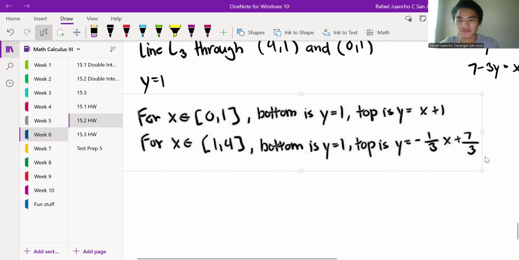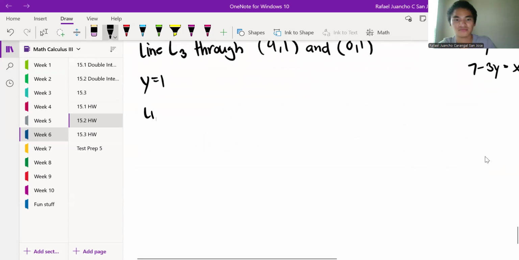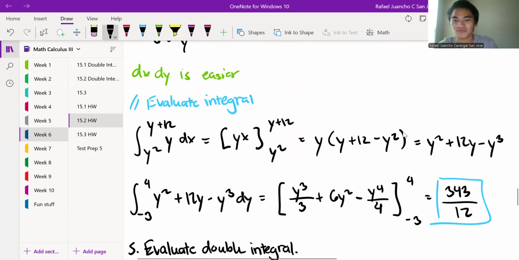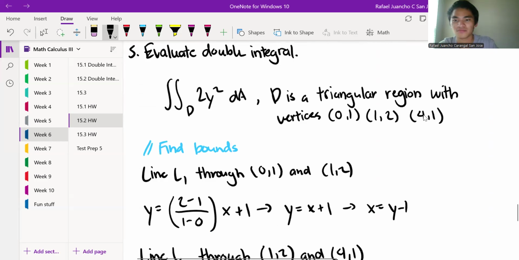And then from there, my limits for y are y equals 1 all the way to y equals 2, right?